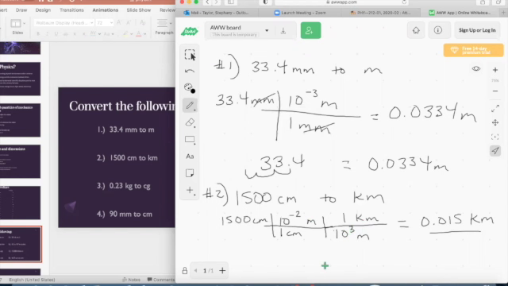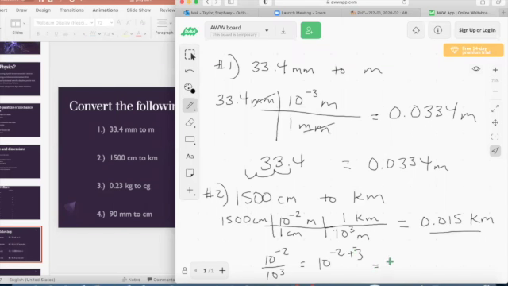Because since it's on the bottom, you're subtracting it. So let me write it out so you can visualize it. All right, so this is the same as saying 10 to the minus 2 minus 3 power. And what you did was you just added a negative.